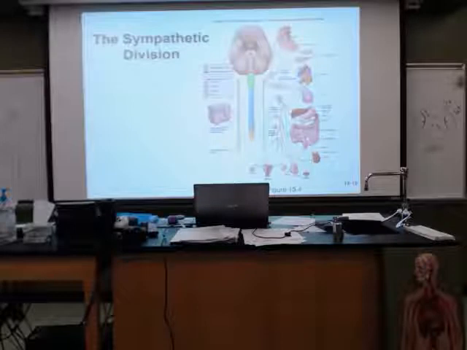For this sympathetic division, the one for fight or flight, one of these fibers goes directly from the central nervous system to the medulla of the adrenal gland, by the kidney. It travels the entire distance to the kidney.